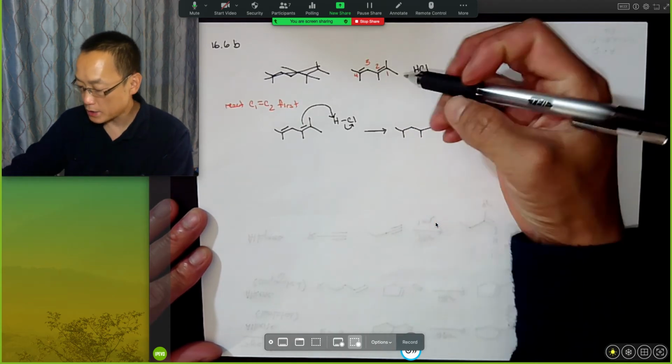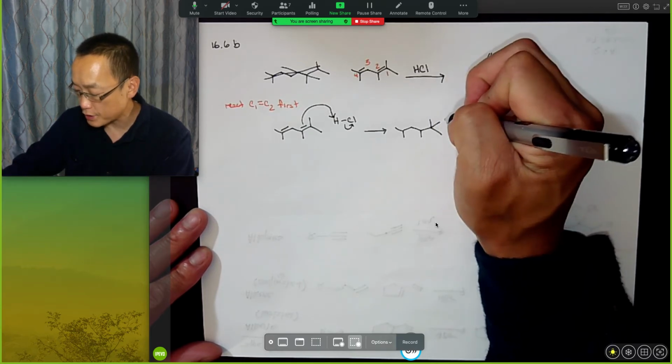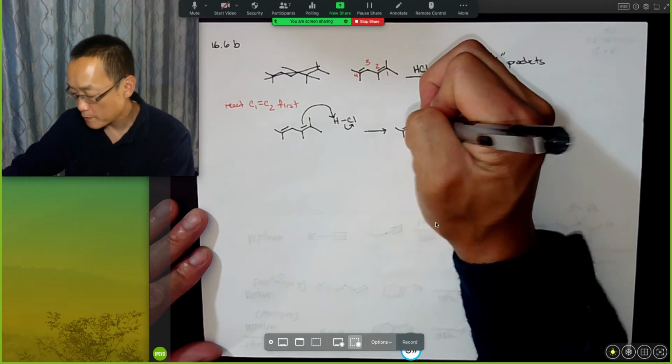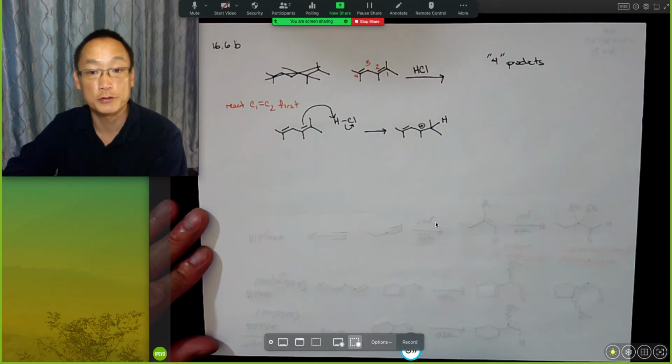I would then expect to see the addition of hydrogen here, and the carbocation would be placed at carbon number 2.